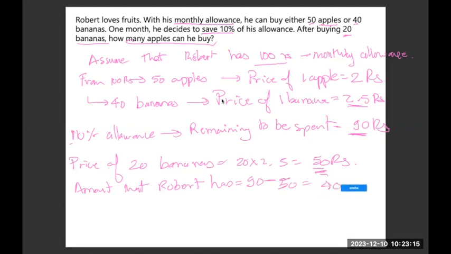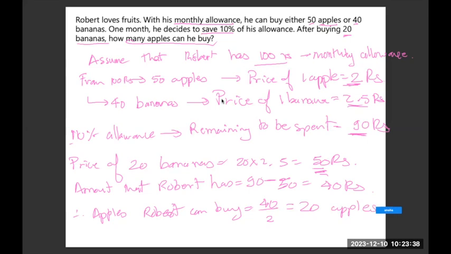The answer is 40 rupees he has. Therefore, the apples that Robert can buy will be equal to 40 rupees upon 2 rupees per apple, which is equal to 20 apples, which is the answer.